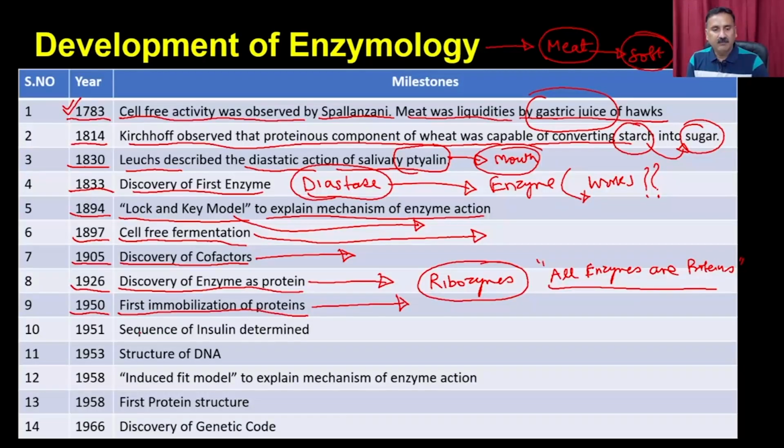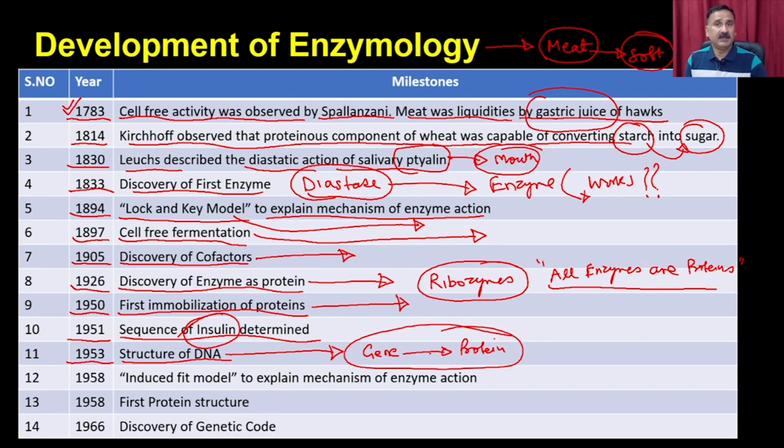Then in the year 1951, the first sequencing of an enzyme was reported, which was for insulin. And in the year 1953, people solved the structure of DNA, because that paved the way to know which gene is responsible for a protein, and you can utilize that information to produce the protein under recombinant DNA technology.